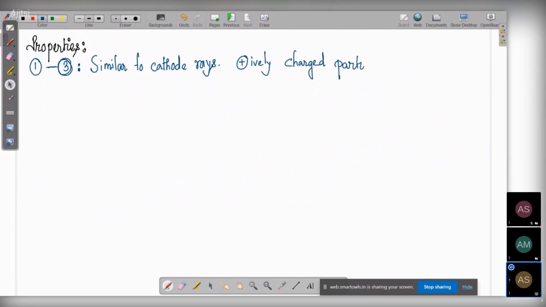The only difference lies in the fourth point. For anode rays, the e by m ratio is not a constant. So the charge by mass ratio is not a constant for all positive rays or for all anode rays.